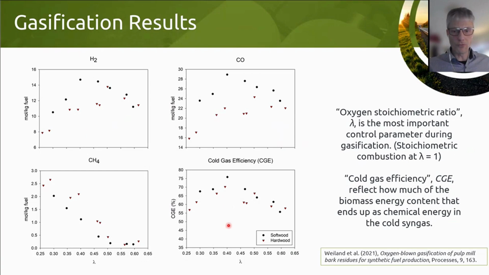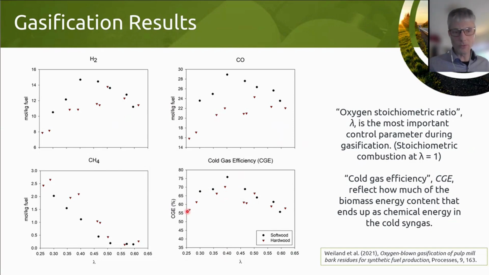The fourth graph shows what's called the cold gas efficiency. This cold gas efficiency actually reflects how much of your biomass energy content ends up as chemical energy in your cold syngas. And we found some sort of optimum when we operated the gasifier at about lambda 0.4.